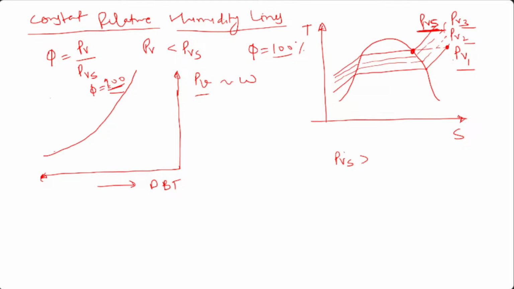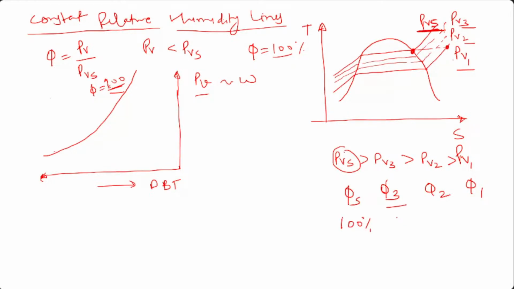Pvs is greater than Pv3, which is greater than Pv2, which is greater than Pv1. For the same state of the air, this Pvs is constant. If we take this phi 1, this is your phi 2, this is your phi 3, and this is your phi s.